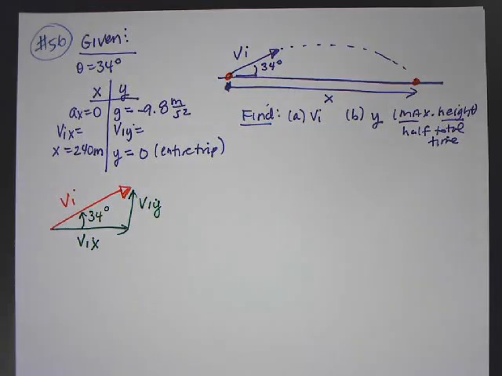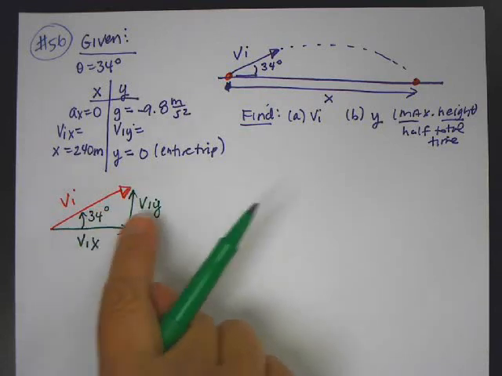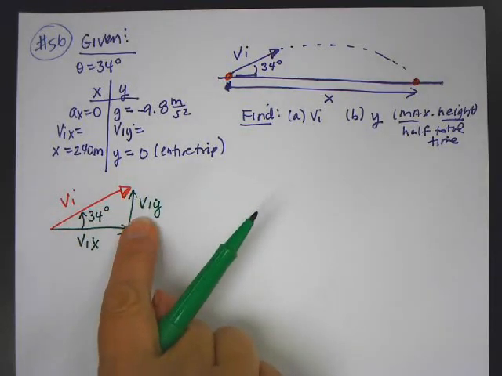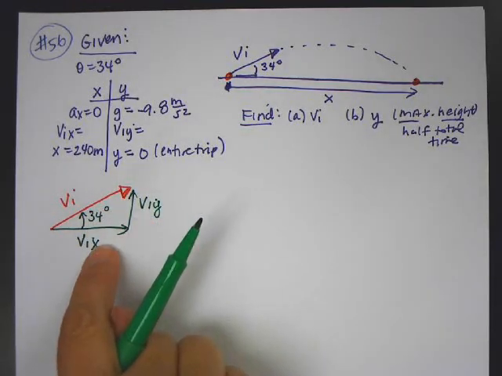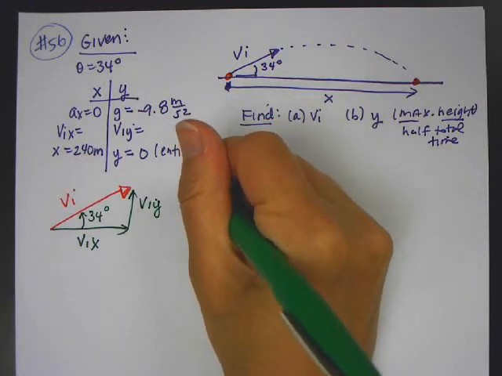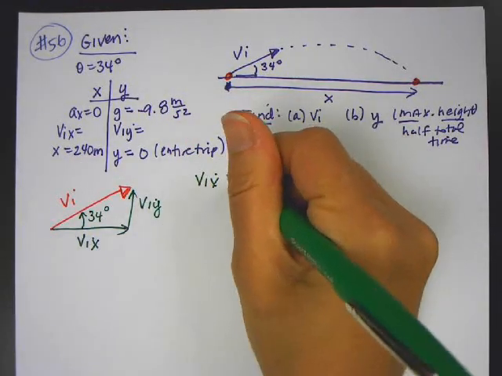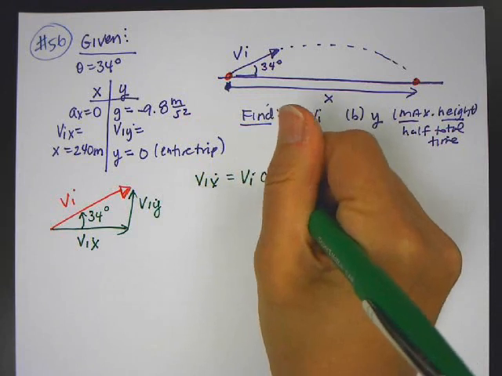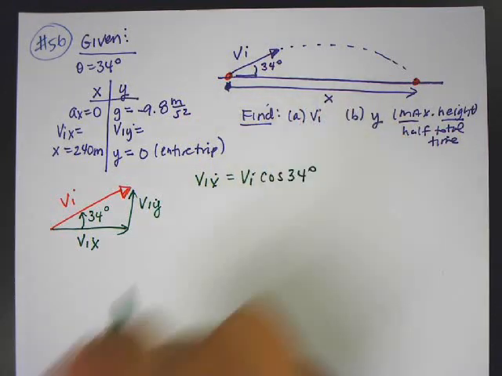So I still don't know what VI is, but I can start doing something with the angles. VIY is opposite, so it's sine. This one is adjacent, so it's cosine. So VIX is equal to VI times cosine of 34 degrees.